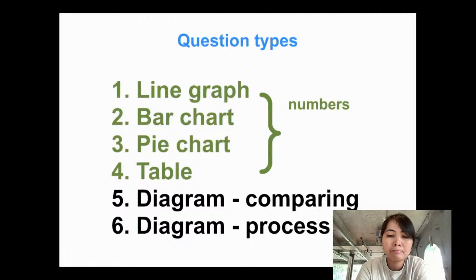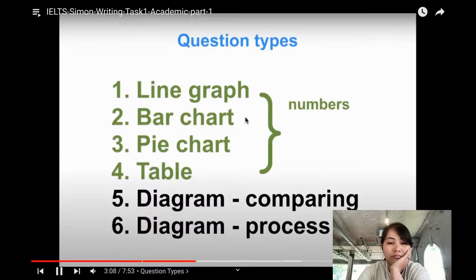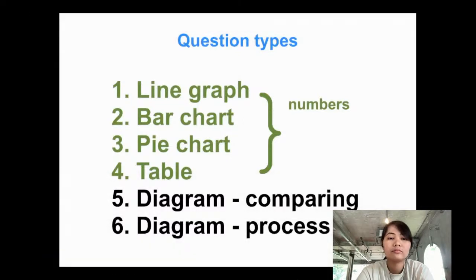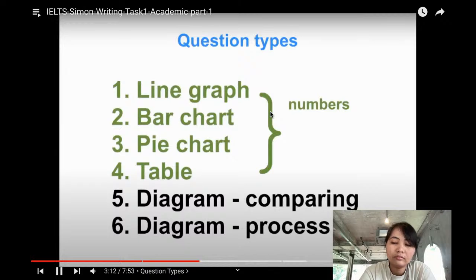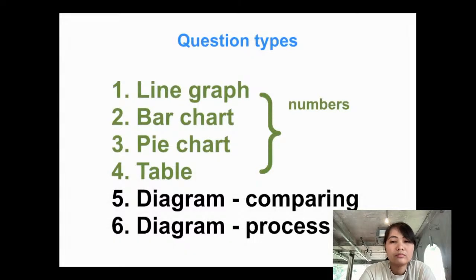When you're describing a line graph, bar chart, pie chart, or table, you're just describing something that shows numbers. People often ask me, is there some special language that I need to know for pie charts or for tables? The answer is no. There's no special language. The language for those 4 types is exactly the same. It's number language. And the only things you have to do really are 3 things.